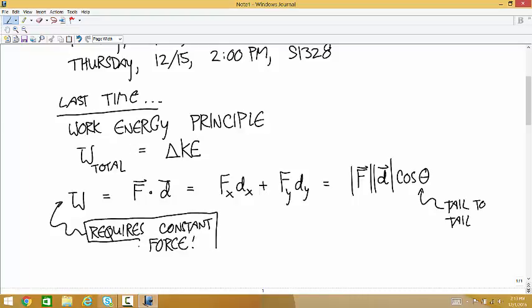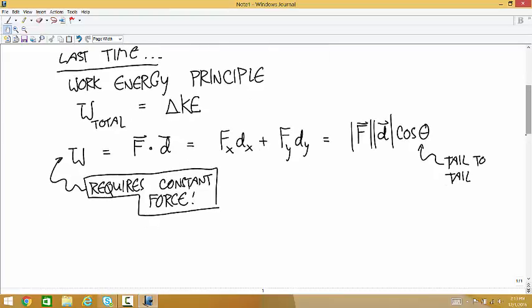But using the work energy principle, we could figure out how much things sped up or slowed down, at least due to forces that are constant over the motion of the object. But that's not how we're going to do it. We're actually going to put the work energy principle in a form called conservation of energy that is applicable just in certain cases.